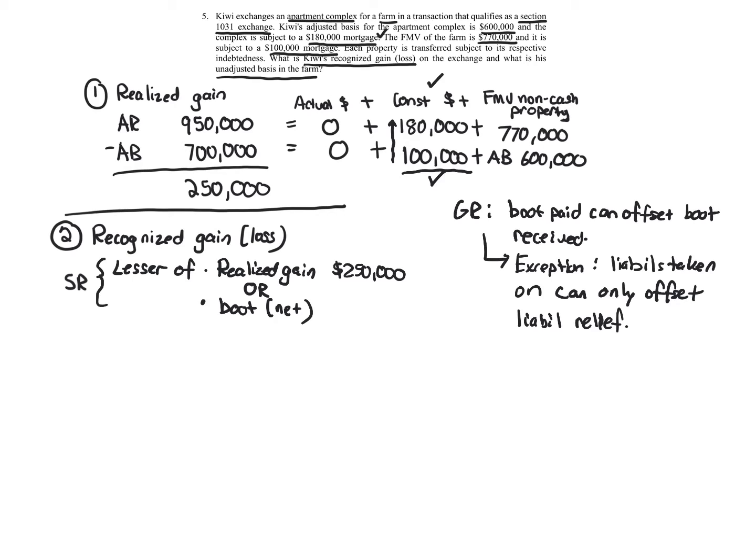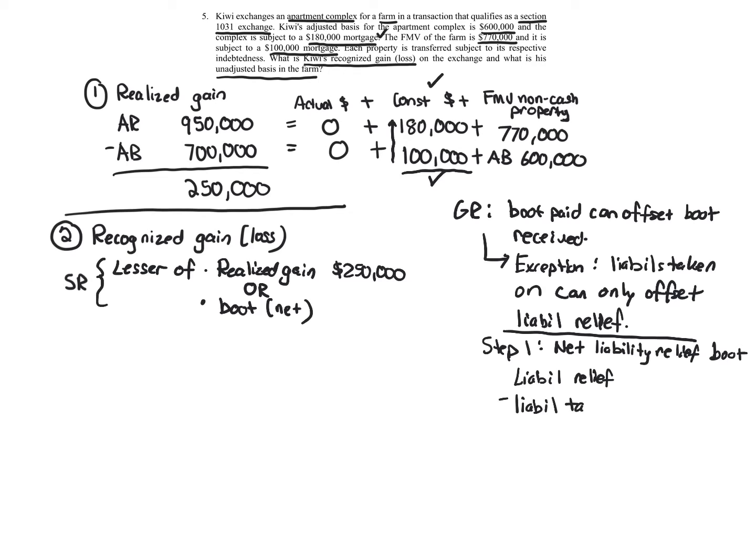So then we have our two steps. Step one is to determine the net liability relief boot, right, which is liability relief minus liability taken on or liability paid, whatever you want to call it, same thing.